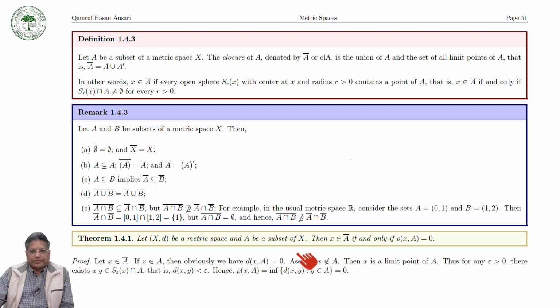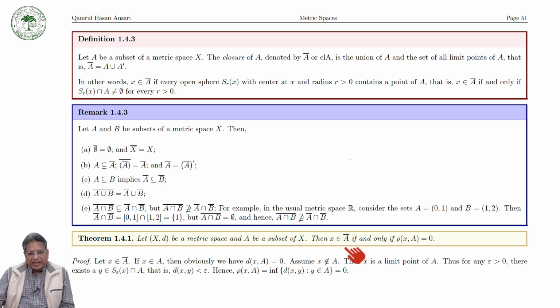Now we have a very important property that we will use throughout in several results. Let (X, d) be a metric space and A be a subset of X. Then x lies in the closure of A if and only if the distance from x to A is equal to 0.